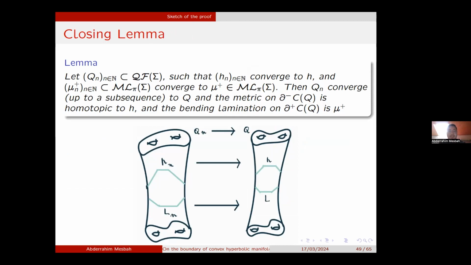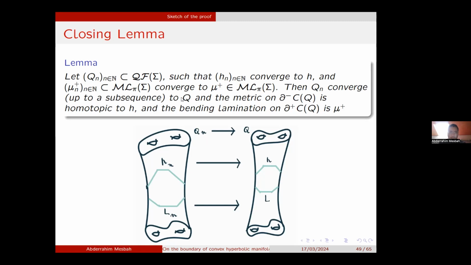This lemma basically says that the map that associates to a quasi-Fuchsian manifold the induced metric on the upper boundary of the convex core and the bending lamination on the lower boundary of the convex core is proper.